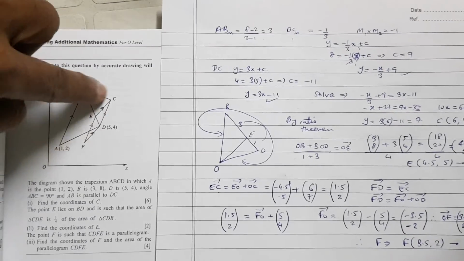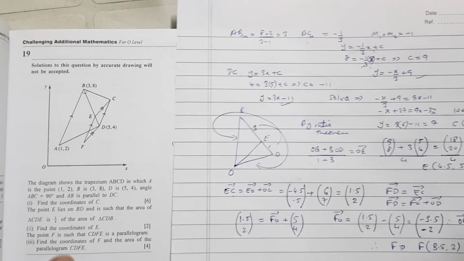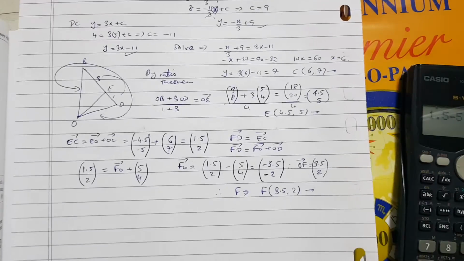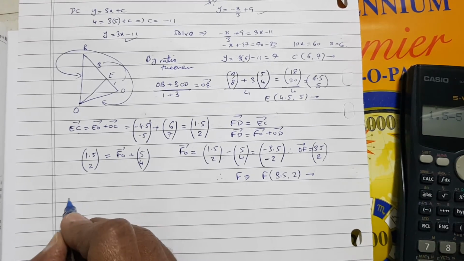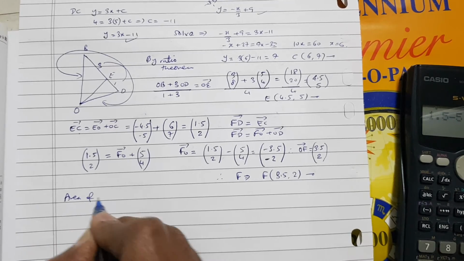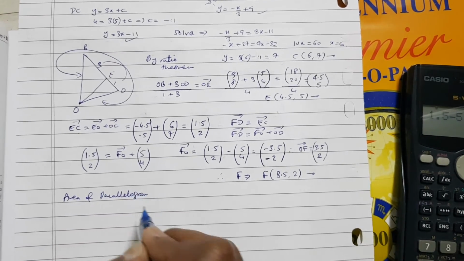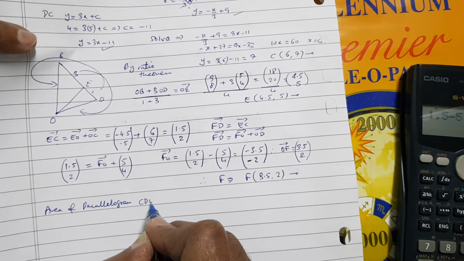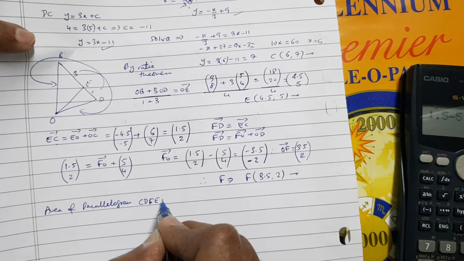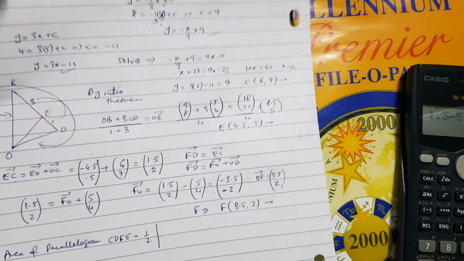We need to find the area of the parallelogram CDFE. Alright, so let's find this. We can do it by the modulus method. So area of parallelogram, so the parallelogram is CDFE. That's going to be half the modulus of, let's look at all the coordinates.